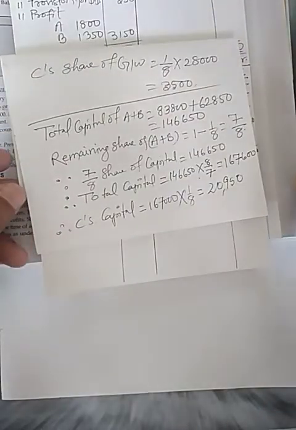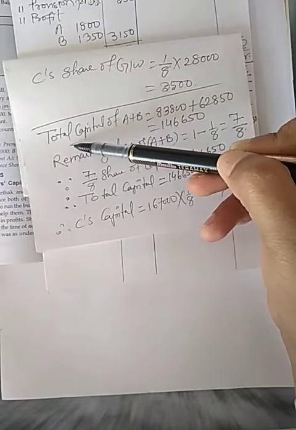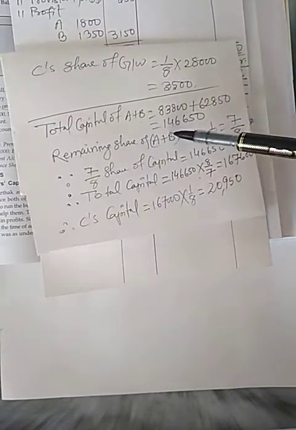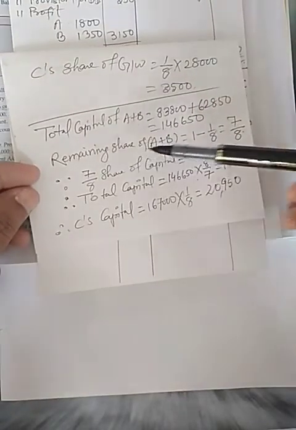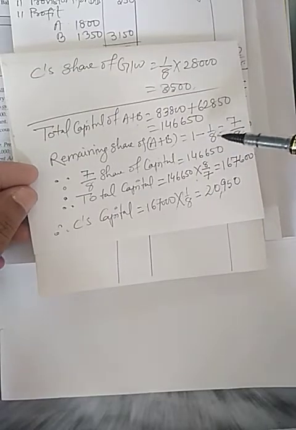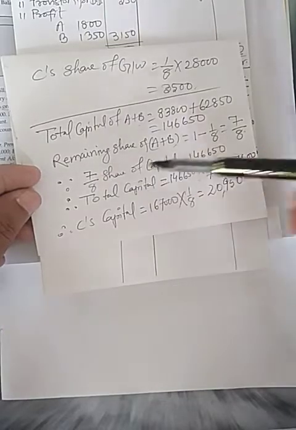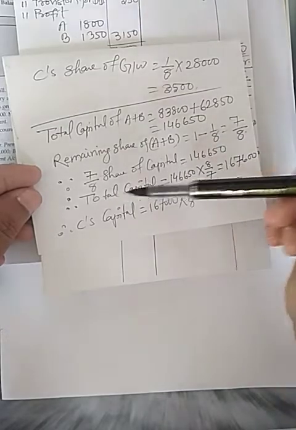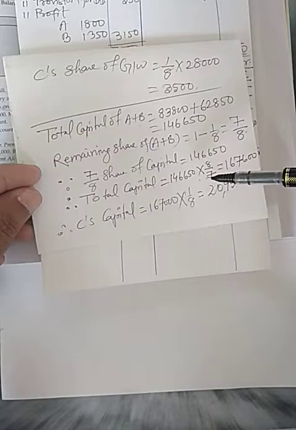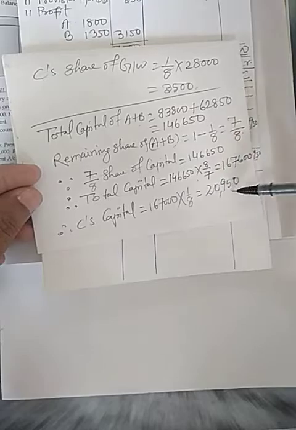So see once again how to calculate total C's capital. First I have to calculate total capital of A and B after all the adjustments. Then the remaining share of A and B will be 1 minus 1/8, 7/8. Since 7/8 share capital equals total capital of A and B, therefore total capital equals 8/7, and C's capital equals this amount.